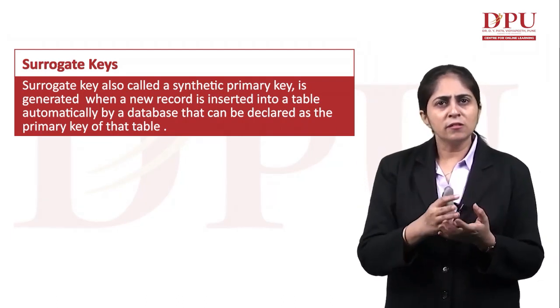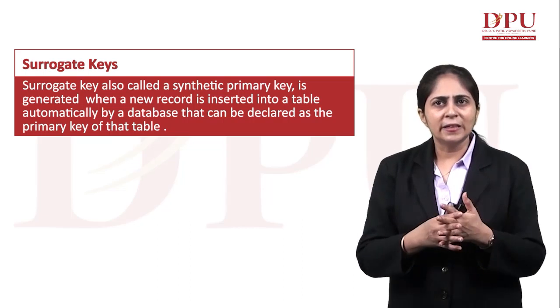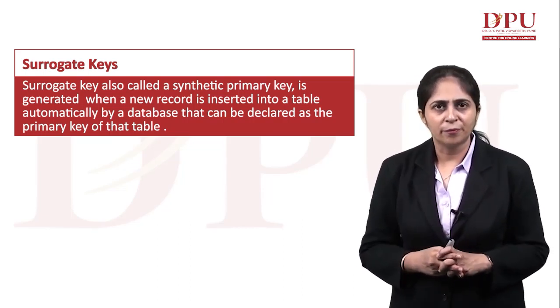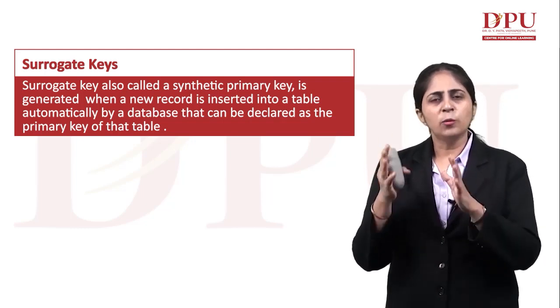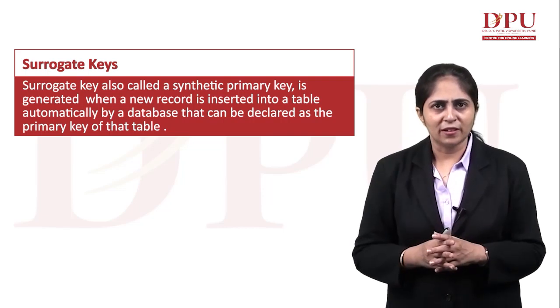When a new record is inserted, it can be automatically updated by the database and declared as a primary key of the table. So a newly inserted record can be called a synthetic primary key.